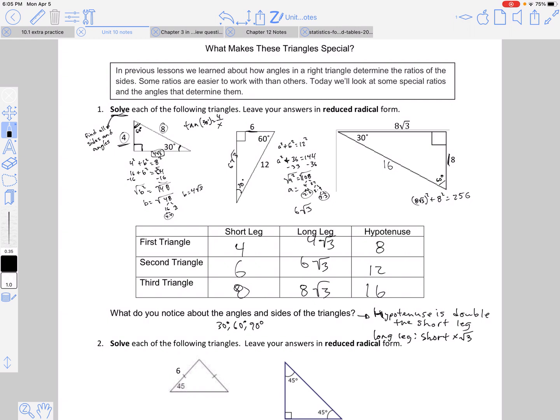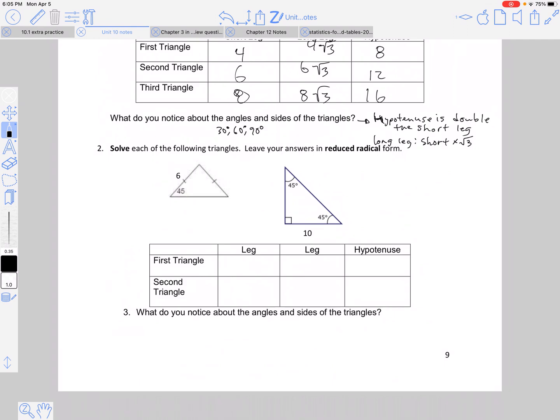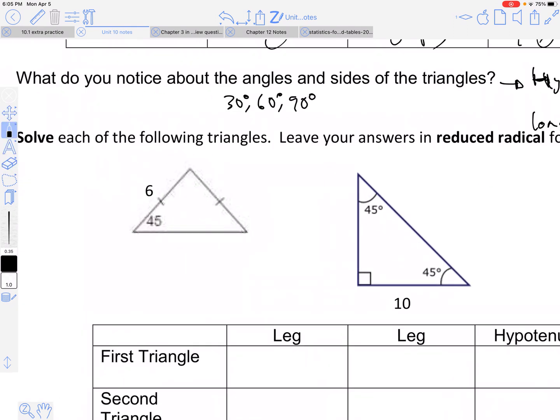So 4 times root 3, 6 times root 3, 8 times root 3. So, nice. All right. Let's take a look at this one.